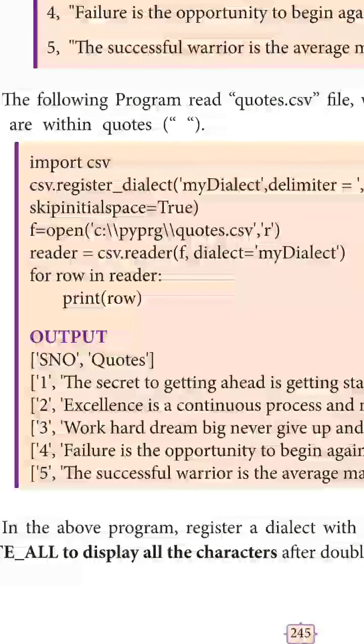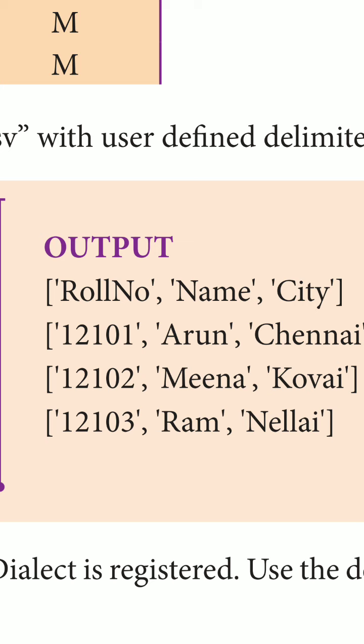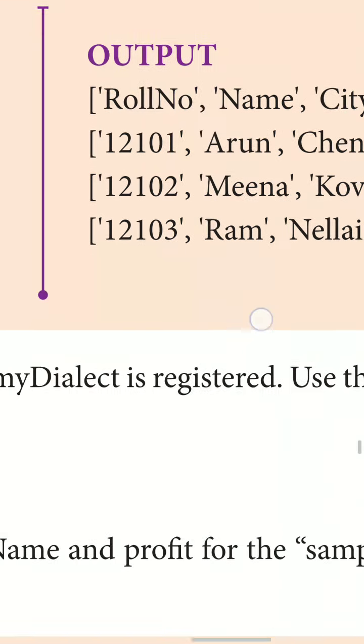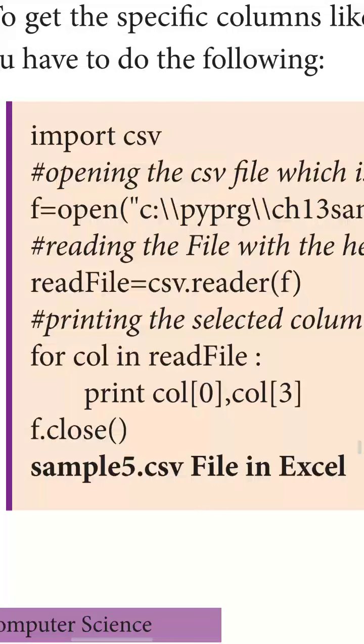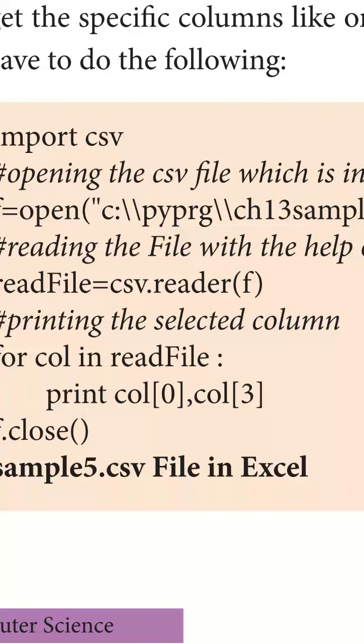So, read a specific column in a file. If you want to read a specific column in a file, then you have to use this example. So on page number 246, you can see that they have given all the other things the same, but print column 0 and 1. So this is an array, so here the first column and the fourth column will be read.